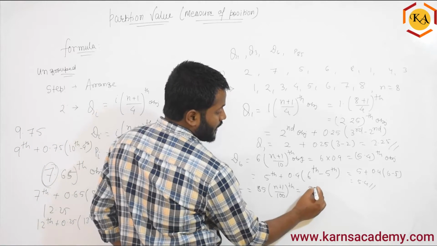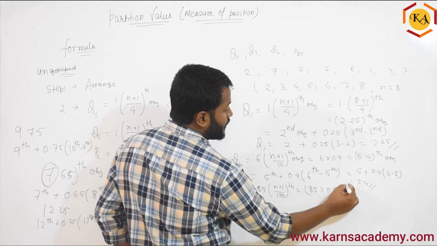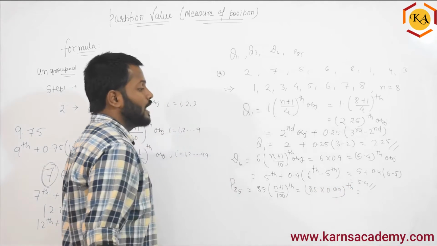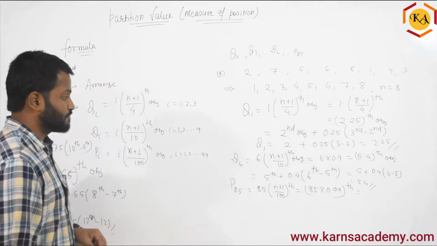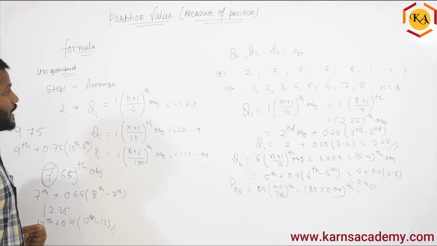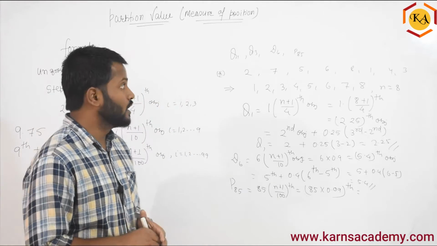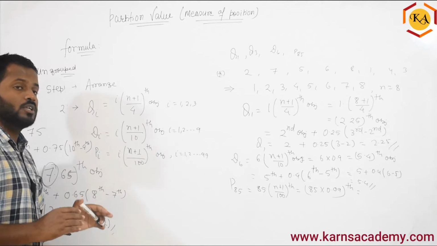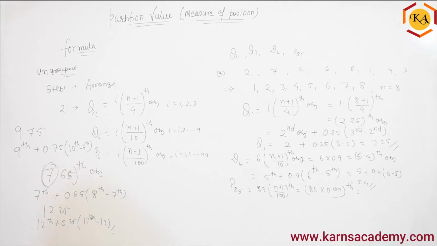So you will be getting 85 into 0.09. So you have a calculator. Find out how much you are getting, and based on that use this method and try to find out what is the answer. Right? So I hope you are able to understand what I am trying to do. So this is how we find quartile, percentile, decile for the ungrouped data. Right? So pause the video, make a note of it.